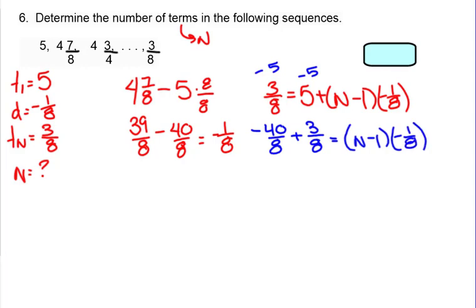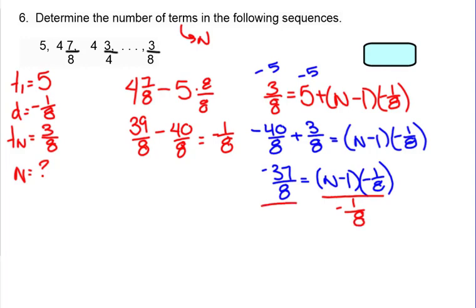So I've got negative 37 over 8 is equal to n minus 1 times negative 1/8. Two things that you could do at this point. Either you could divide both sides by negative 1/8, and maybe I'll do that just to show what it might look like.